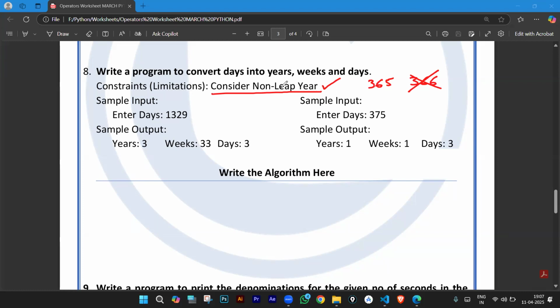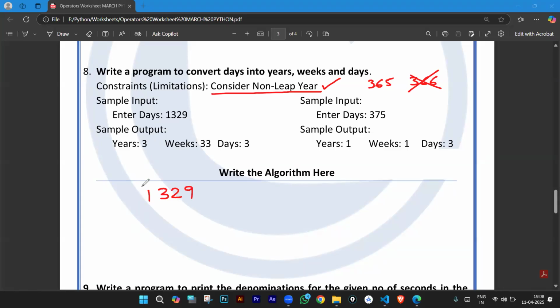Now, how can we come up with this conclusion? I'll tell you, the answer is pretty easy. If you are thinking that we will go with multiplication, we can do something opposite of it. That would be very easy. So let me show that to you. We have 1329. I need to know how many years are there.